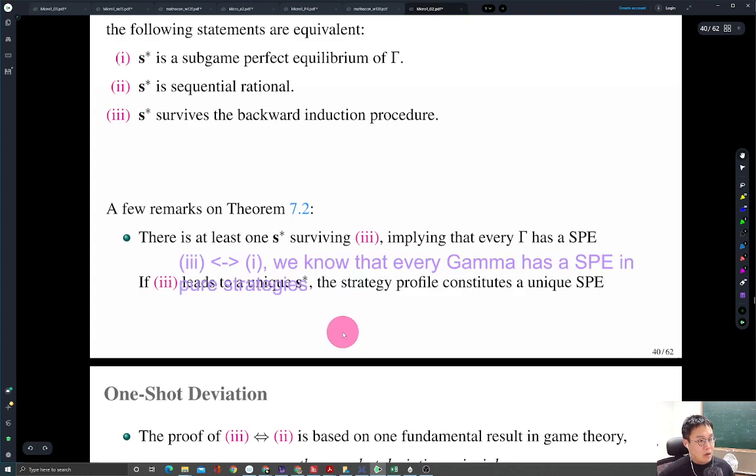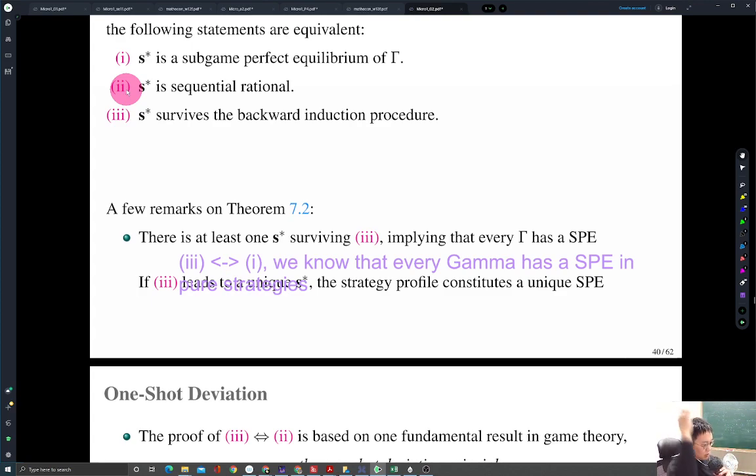And furthermore, we know that if there is no tie in payoffs, the backward induction procedure gives us a unique strategy profile. There will be a unique strategy profile surviving that procedure. And by the equivalence between 1 and 3, we can also say something about uniqueness.